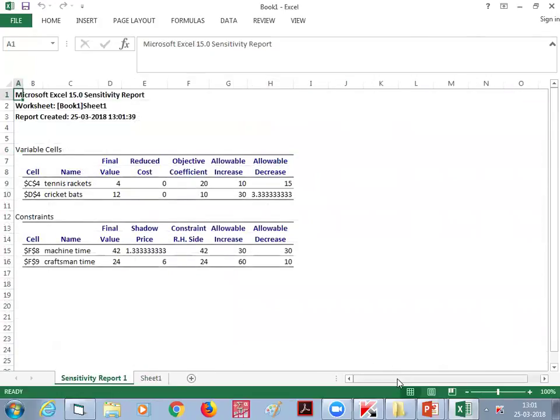We can read it here also. The number of tennis rackets is 4, and the number of cricket bats is 12. You can calculate it by multiplying 4 into 20 plus 12 into 10, and then get the solution. That's another way of doing it.